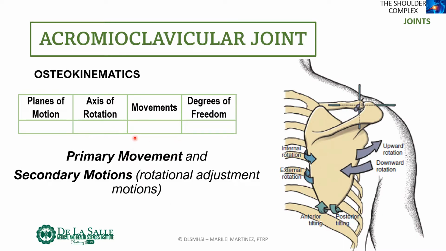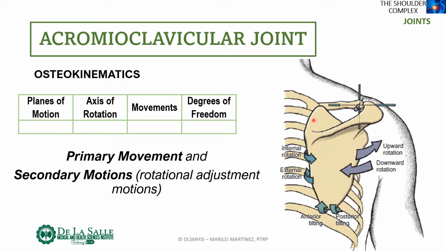Under your primary movement, we have the upward rotation of the scapula and the downward rotation of the scapula. As to the plane of motion of upward and downward rotation, it is the frontal plane or coronal plane, although most natural motions occur within the scapular plane. But for discussion purposes, frontal or coronal plane is also accepted.